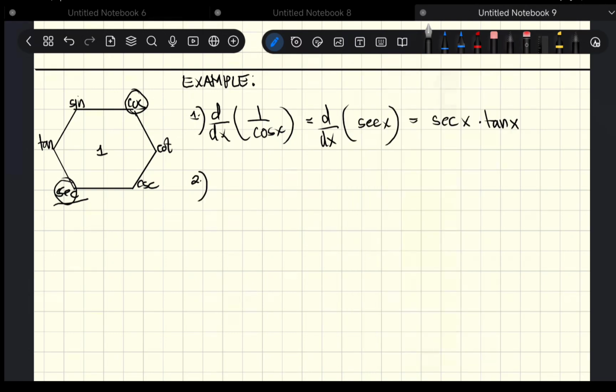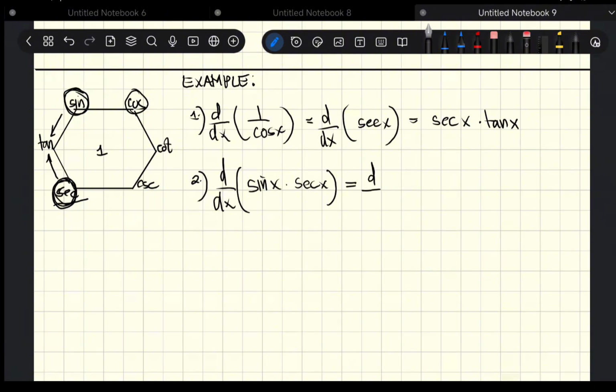Example number 2, the derivative of sine x secant x is equal to, since we have here sine and secant, remember our hexagon, if we take two functions in the hexagon and we multiply them, the result is equal to the function in between them, that is tan.